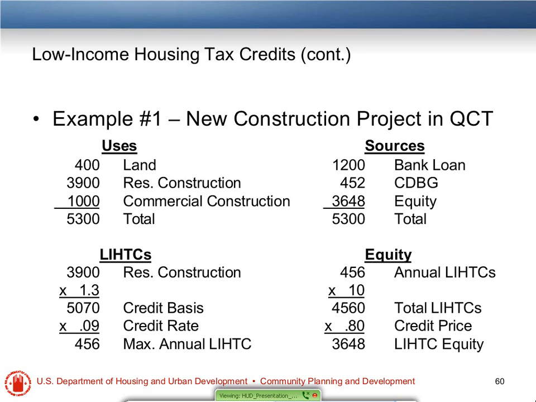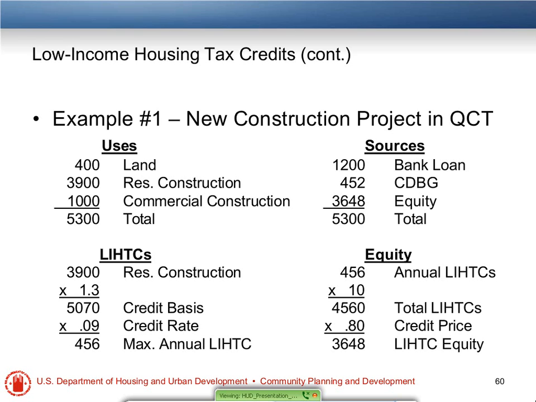If we look at how we can finance this cost, we can look at our residential cost of $3.9 million, and since it's in a QCT, we get to multiply that times 130%, or 1.3, which means we've got a credit basis of $5,070,000.